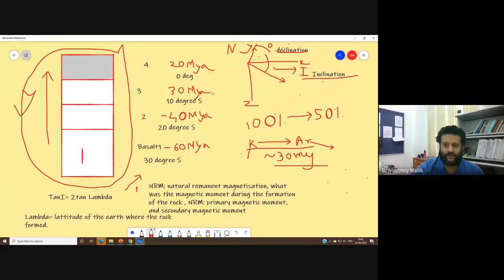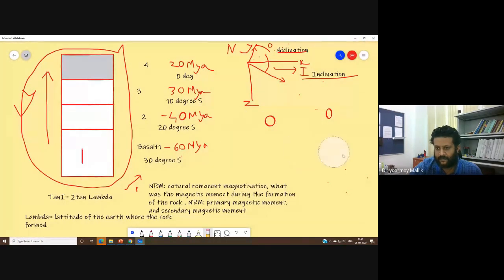Now, if I try to plot that, let me just plot it here. Suppose this is my Earth.